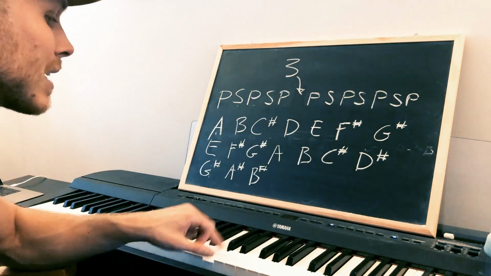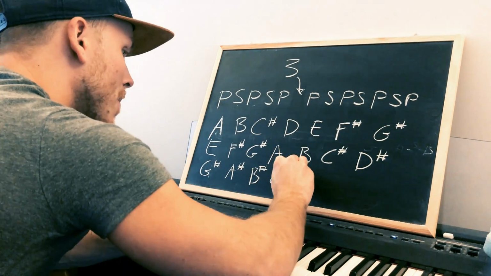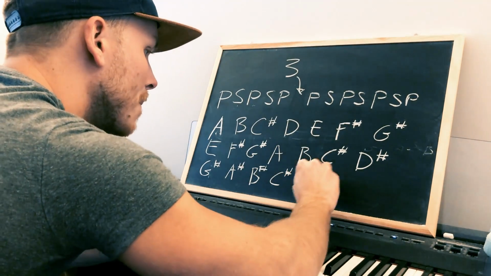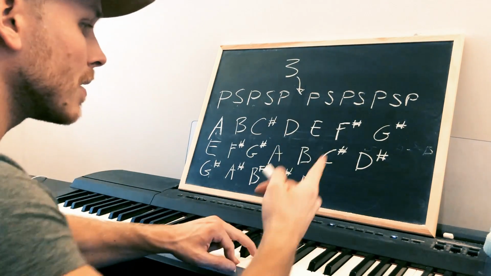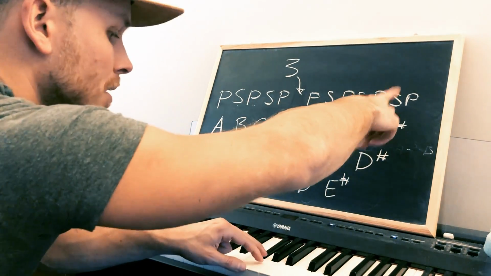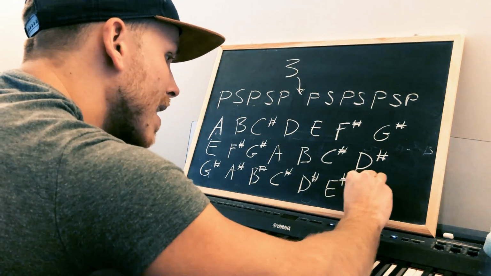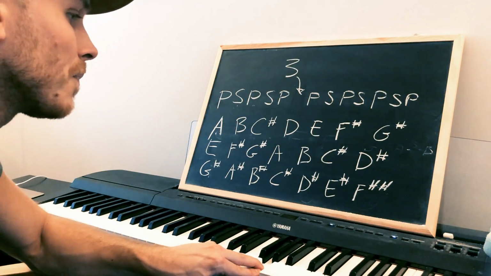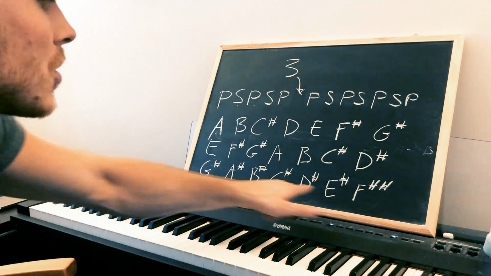Okay, play the next one, C sharp. Skip a note, play the next one, D sharp. Skip a note, play the next one, E sharp. Skip a note, play the next one, F double sharp. Okay? Only sharps.